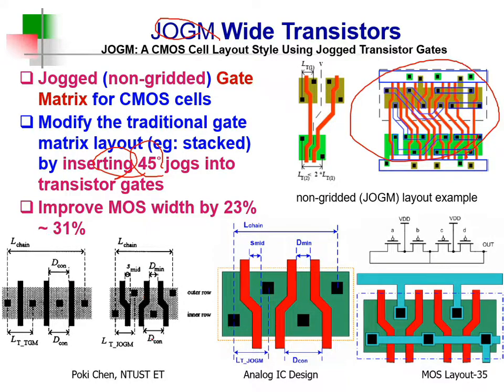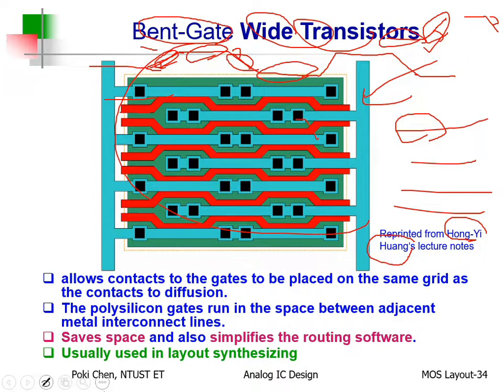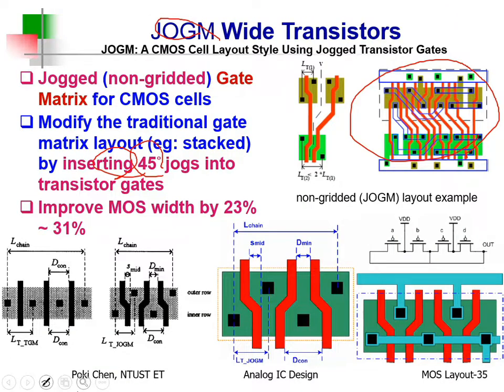In the past, not only 45 degrees for jogs, but also the length for each segment were fixed, right? But right now, we remove the length for each segment. We totally remove it. With such kind of more freedom, we can get better performance.